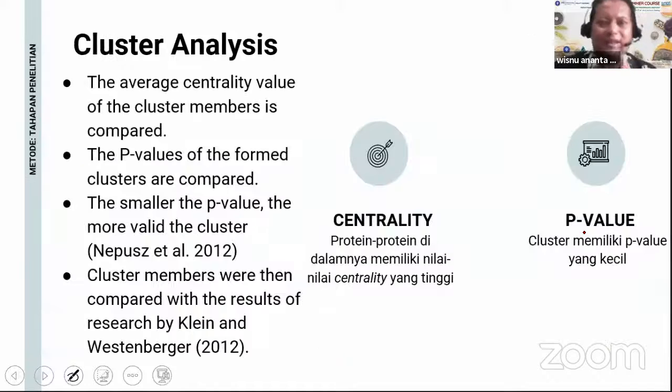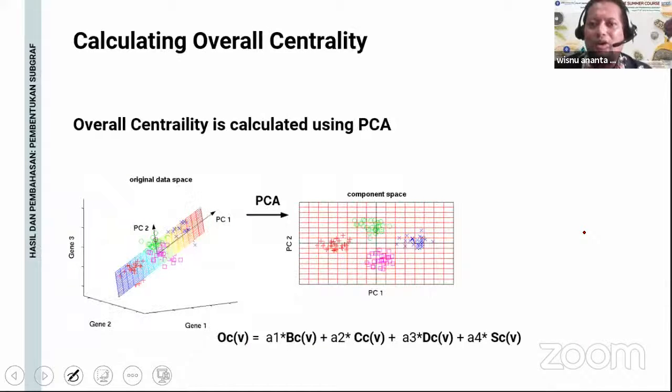Okay, and after we have a cluster, we can rank the proteins inside the cluster. You can rank by using, for example, degree, or betweenness centrality, or eigenvector, eigenvalue, and so on.